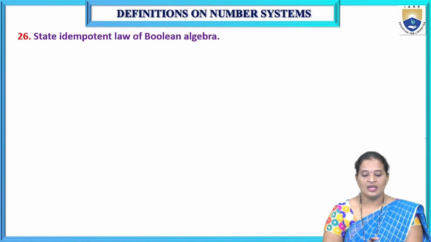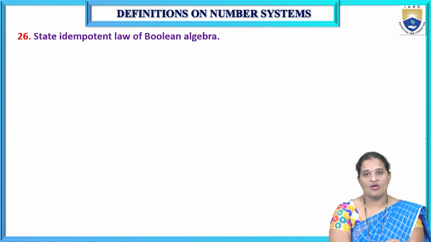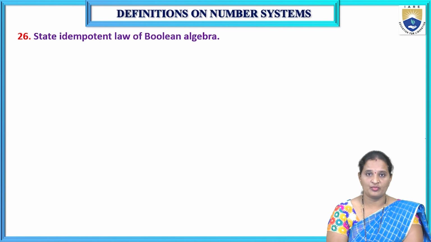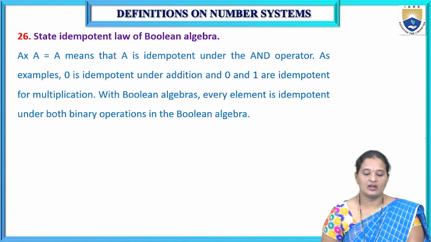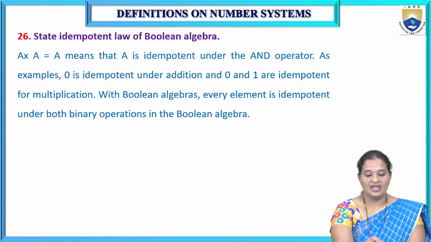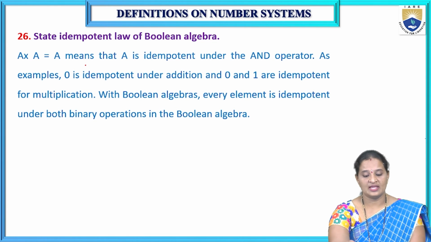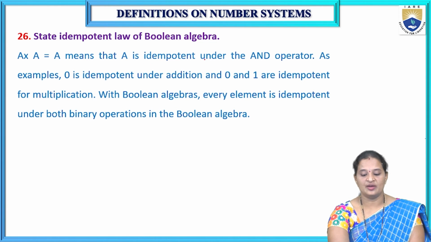Now coming to the idempotent law of Boolean algebra. What do you mean by idempotent law? So the idempotent law states that A into A is equal to A. That means A is idempotent under the AND operator.